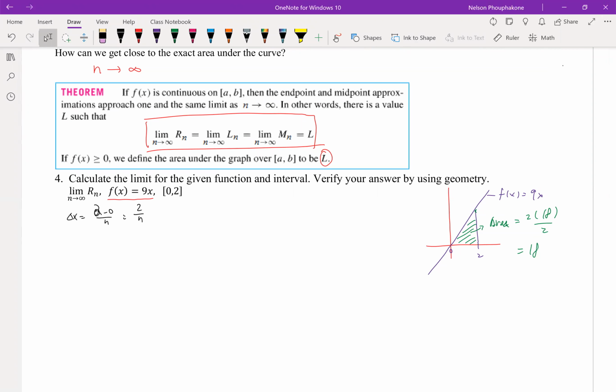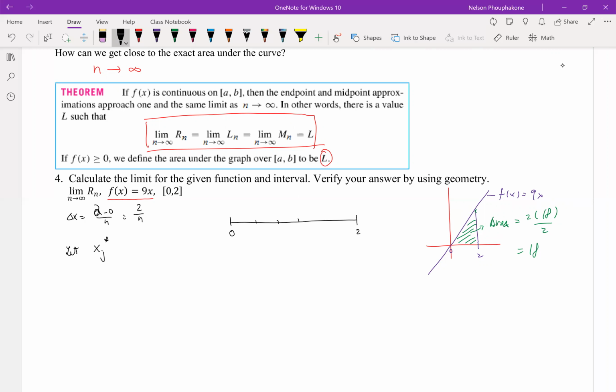And then now we would like to work with the interval. So in this case, let's see how we actually work with the x of j. Here we have this from 0 to 2. We would like to separate this into n strips.